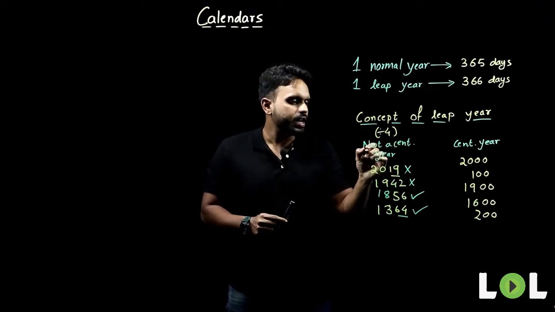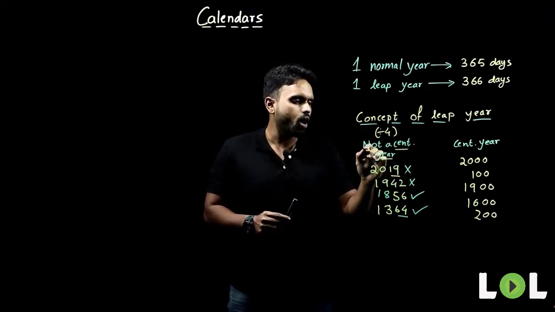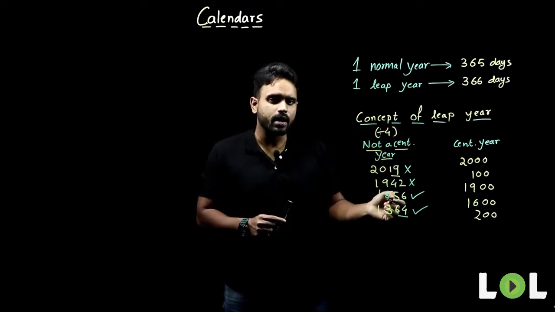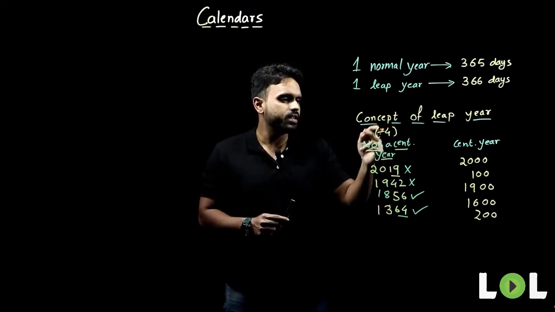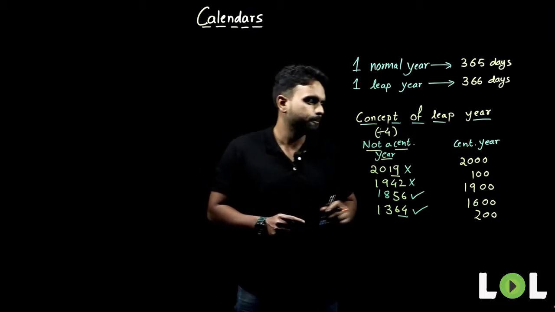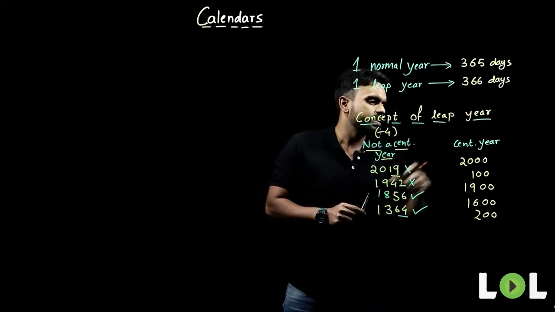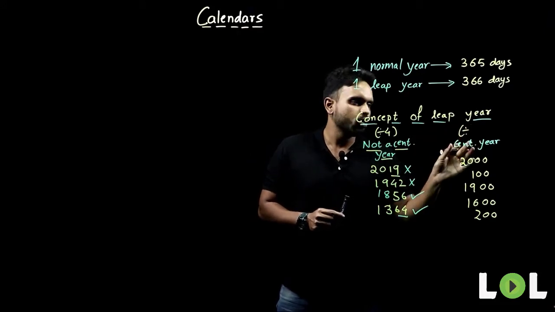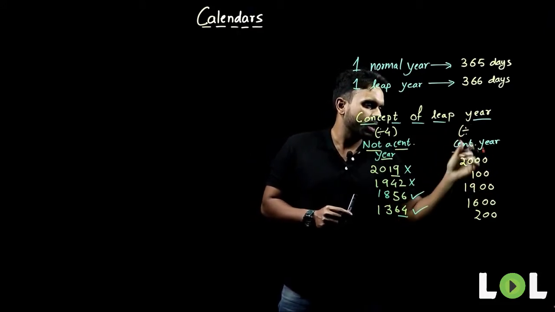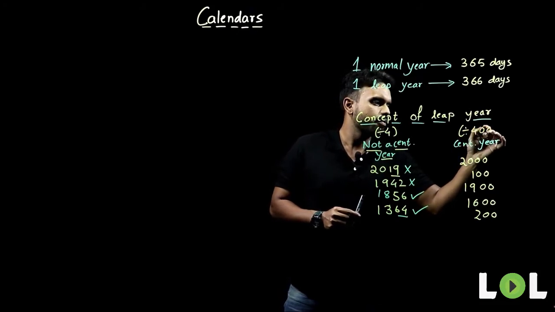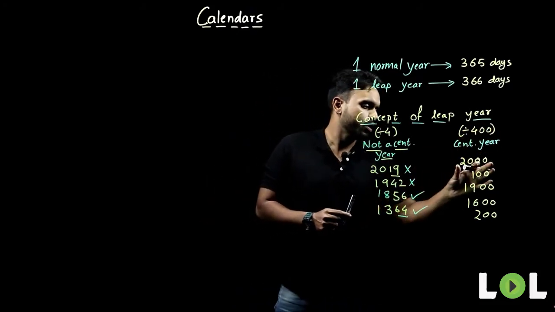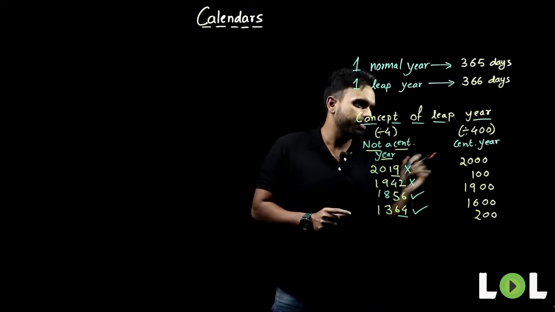For every non-century year, how do we check if it is a leap year or not? We will check it by dividing it by 4. Now, when it comes to a century year, the given year is said to be a leap year if it is divisible by 400. Now check 2000. Is it divisible by 400?